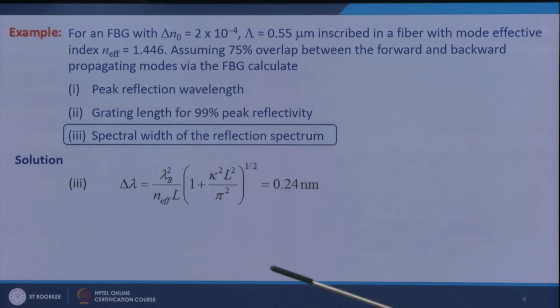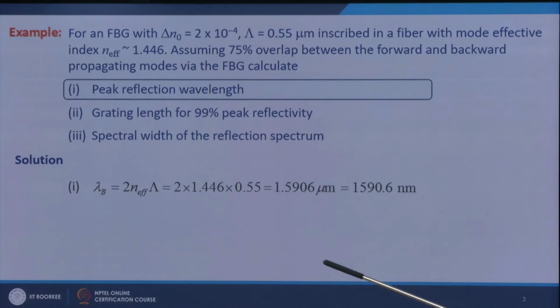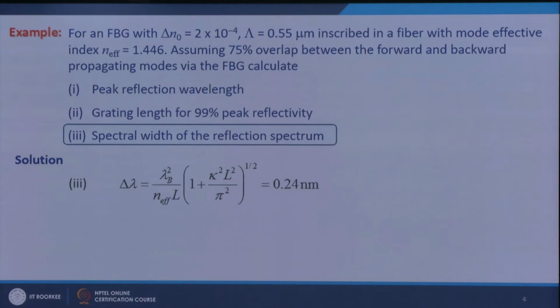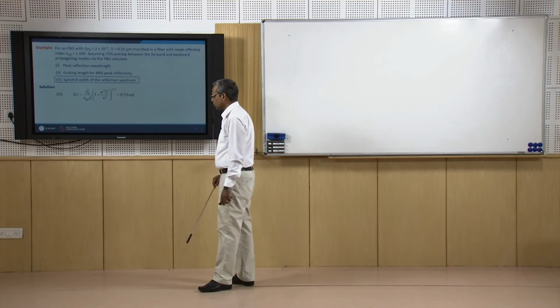Lambda b, if you go back, is 1590.6 nanometers, and n effective is already given, L we have already calculated, kappa we have already calculated. So, if I plug in all these numbers, then this width of the reflection spectrum comes out to be 0.24 nanometers.